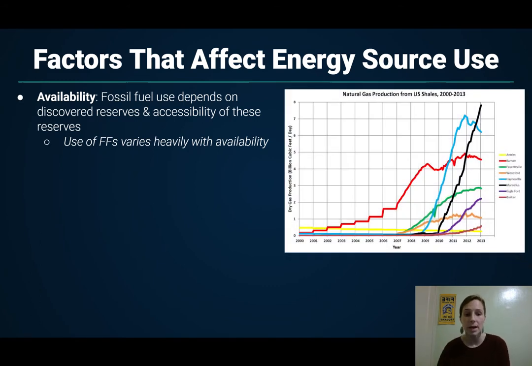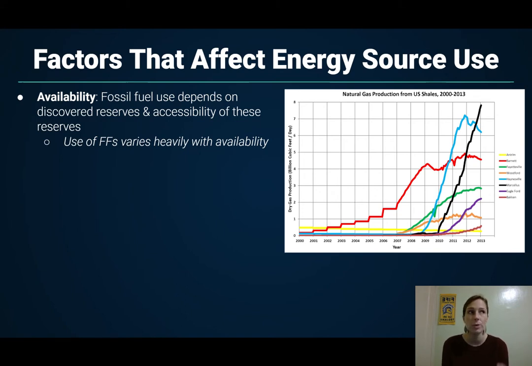If you look at this diagram here, this is looking at natural gas production. You are going to see over the years how much of this natural gas was produced. Around 2008 to 2010-ish is when fracking started becoming a thing.